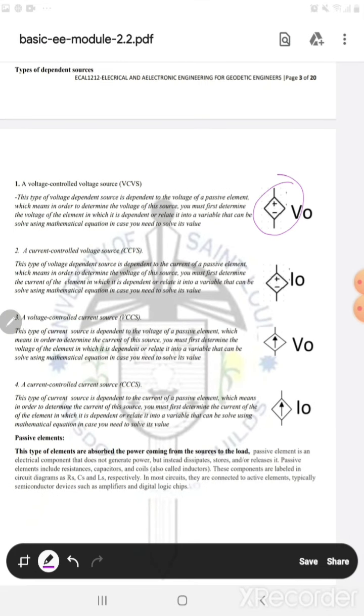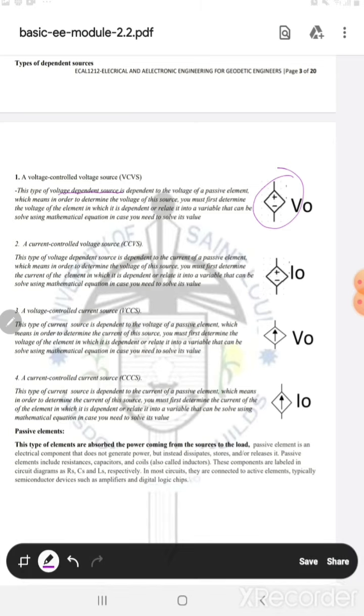Pag sinabi nating voltage dependent source yan, it is a voltage dependent voltage source, which means voltage source pero dependent sa voltage ng isang passive element.